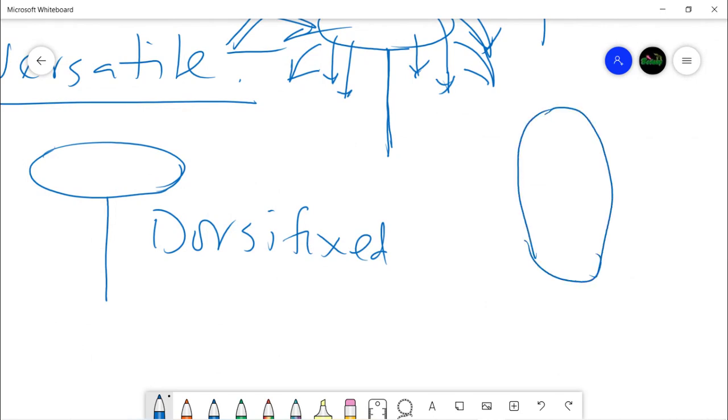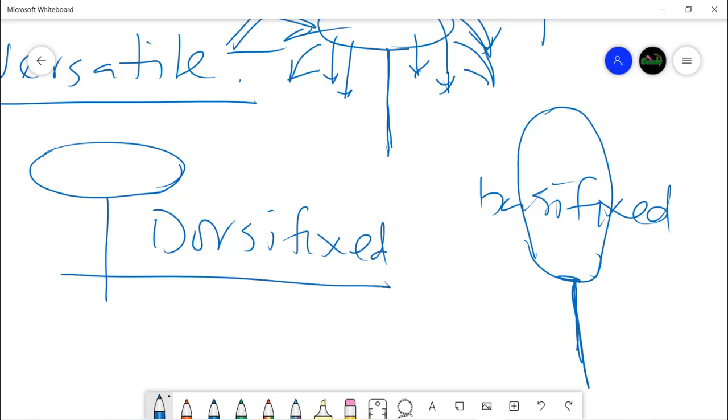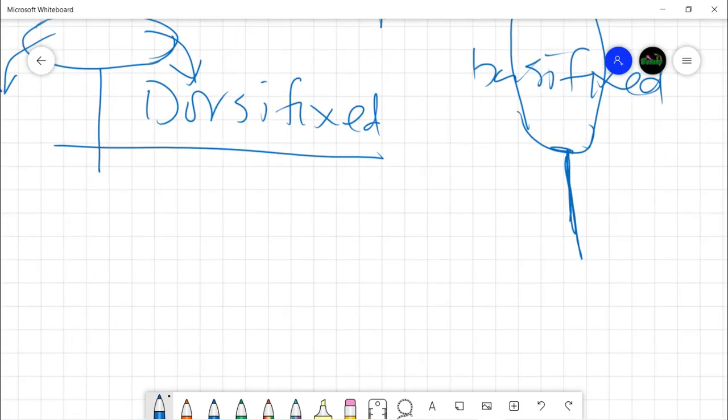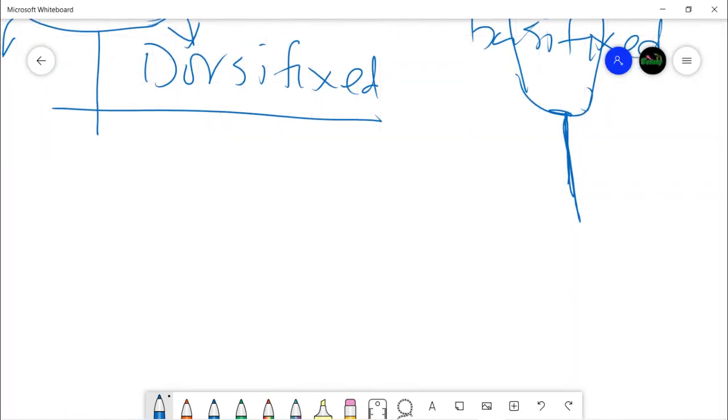So in basifixed, the filament is attached to the base of the anther. This is basifixed, and this one is dorsifixed, and it can swing both ways. So this was the attachment of the anther and the filament.